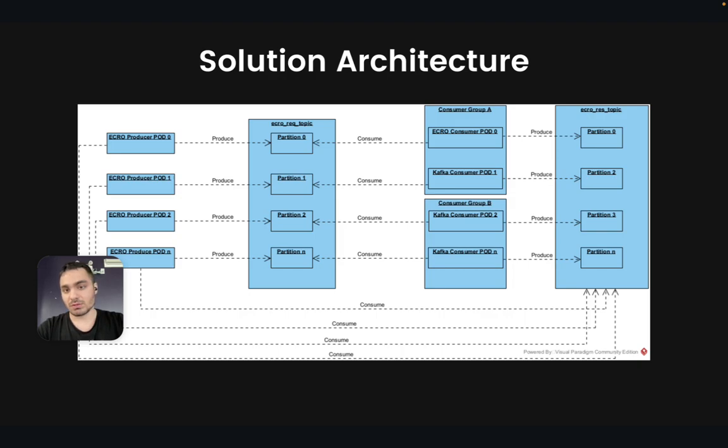The request is received by ECRO rec topic. At the same time, there is another service called ECRO consumer, also in pods, that's listening to the ECRO rec topic for incoming messages. Every message produced by the producer contains a unique ID.